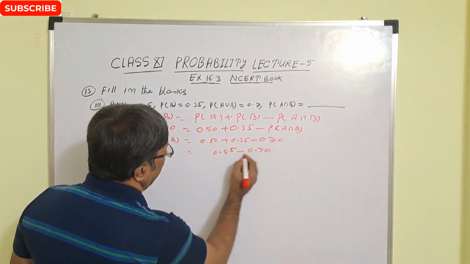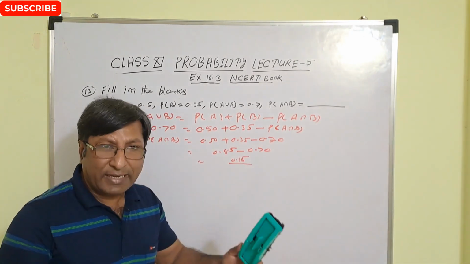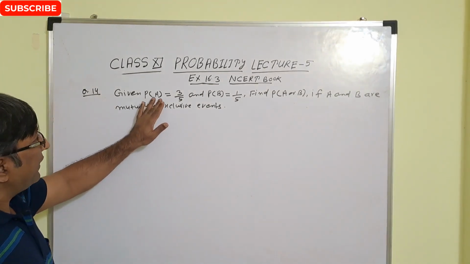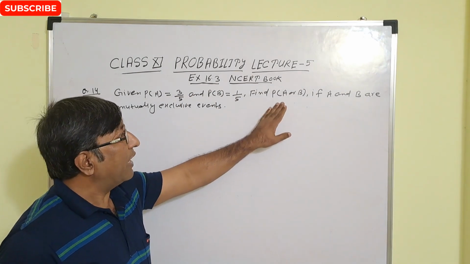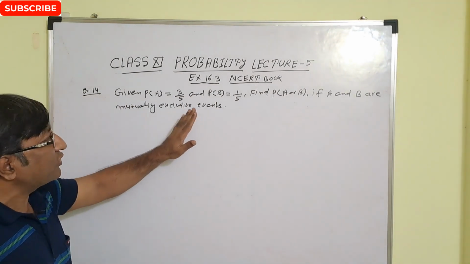0.85, 0.70. So this is 0.15, the correct answer. Let us see the question. Given probability of A, probability of B, we have to find probability of A or B, if A and B are mutually exclusive.